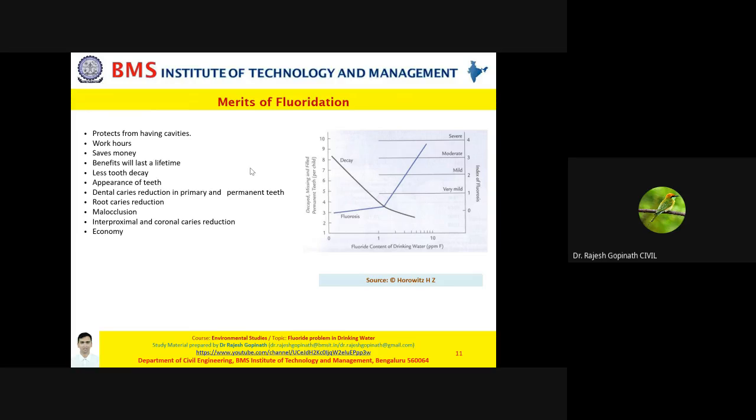But this is where we need to understand the other side of the story. Now when fluoride level was very less, it led to tooth decay, it aggravated dental caries. But when the fluoride level was very high, this also led to one more problem, the problem of fluorosis.